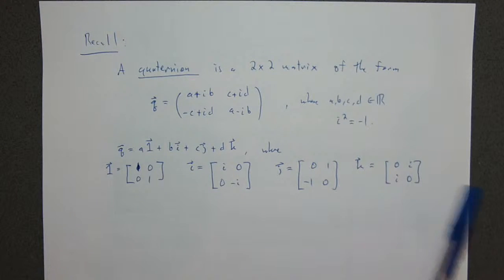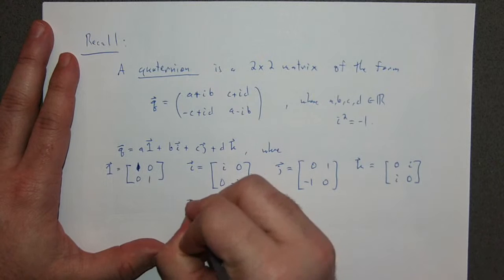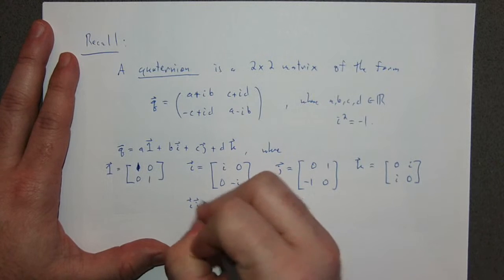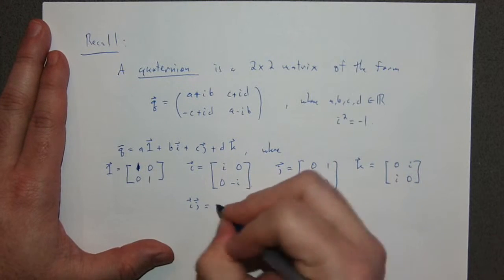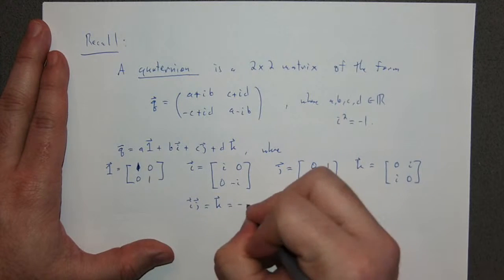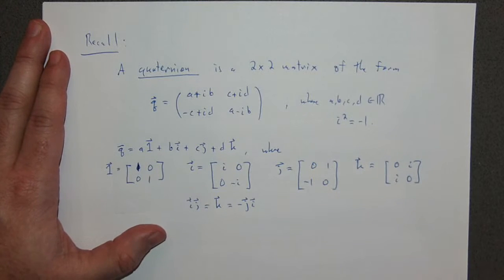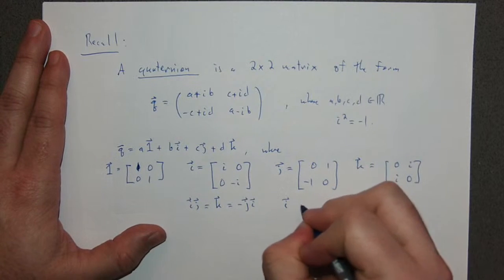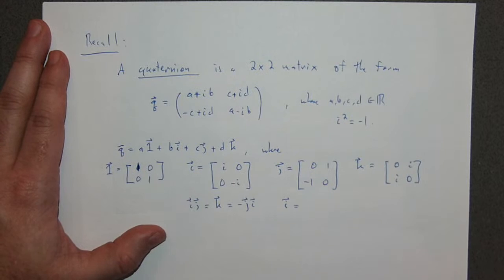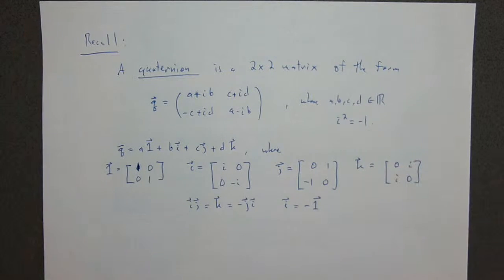And so I had listed what some of these products are. You can work these out using matrix multiplication. For instance, i times j using matrix multiplication is seen to be k, which is the same thing as minus j times i. And if you multiply i by itself, you get minus 1, where 1 is that identity matrix. So it's minus the identity.